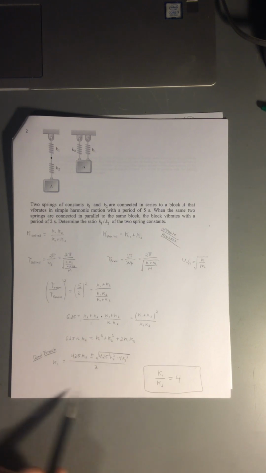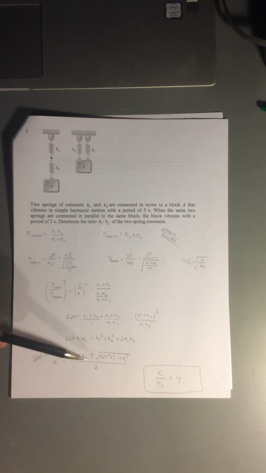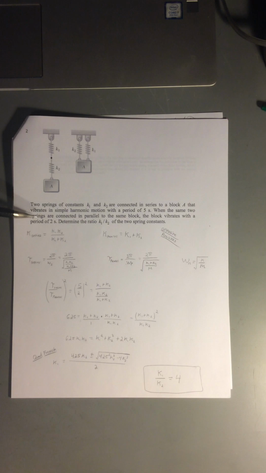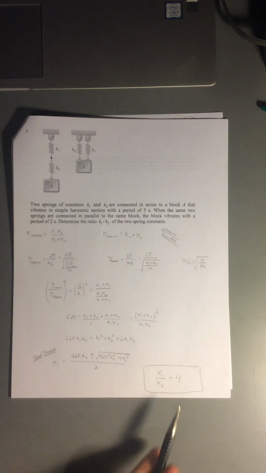Then doing some algebra here, we can combine the K2's and divide them to get a final answer for our ratio of the spring constants. So the ratio of K1 over K2 in order to make the periods 5 seconds and 2 seconds, depending on if they are placed in parallel or series, turns out to just be 4. And so that is the answer for this one.